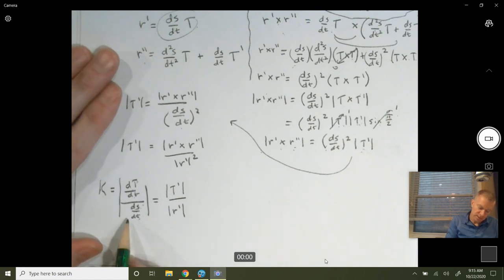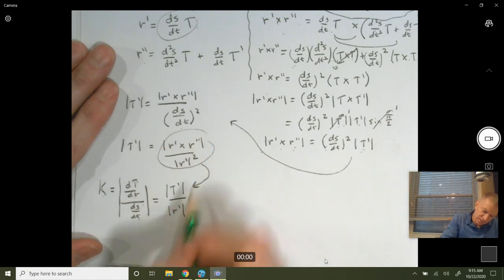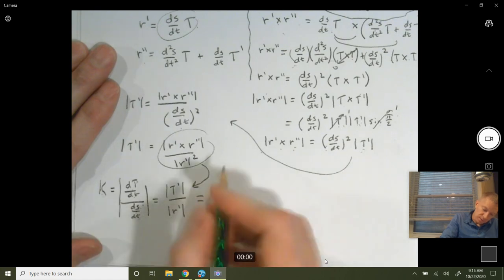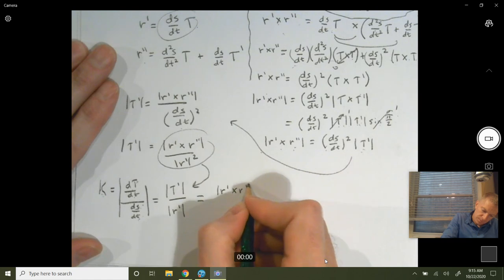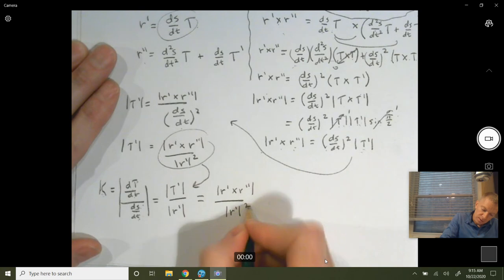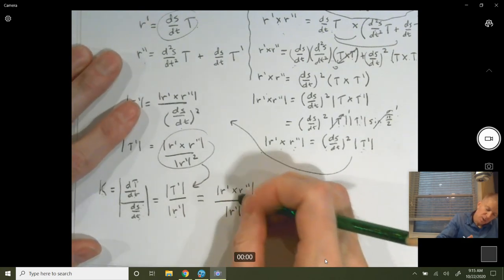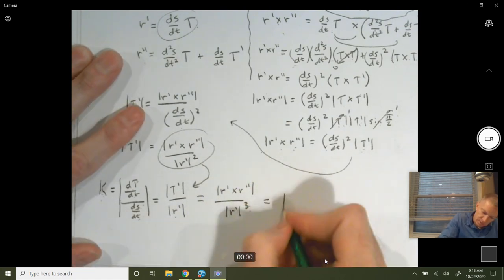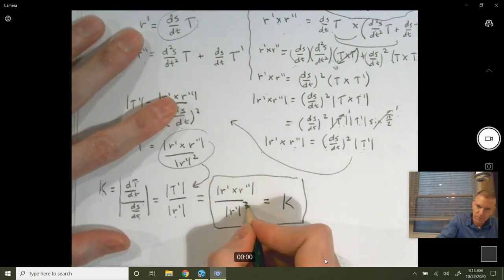Remember that ds/dt is just the magnitude of r prime. So I'm going to replace this thing here. So this curvature becomes the magnitude of r prime cross r double prime over the magnitude of r prime squared, but then we divide by another r prime, so it's going to be divided by the magnitude of r prime cubed. And that's equal to our curvature. That is the formula that we wanted to prove.